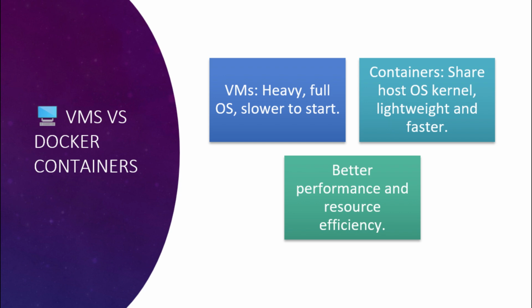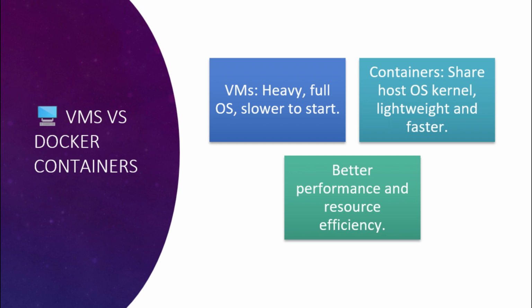Virtual machines versus Docker containers. Now, you might be wondering, wait, isn't that what virtual machines do? Good question. Both VMs and containers allow apps to run in isolated environments, but there's a key difference. A VM runs a full operating system, including a kernel, which makes it heavy and slow to start.